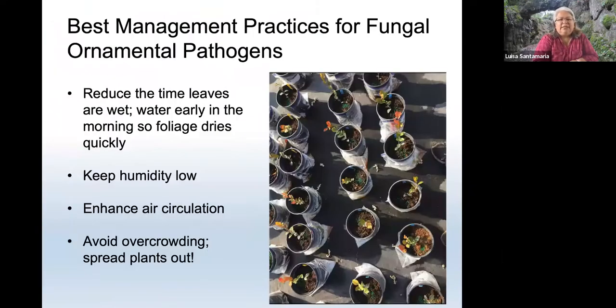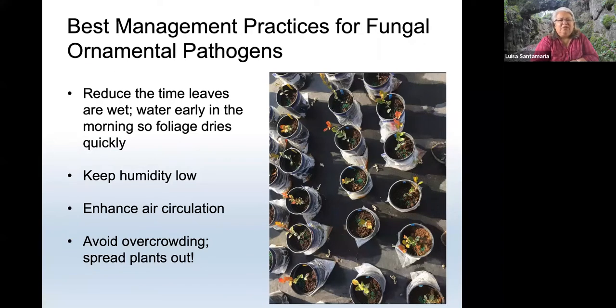All right, so just two slides next to summarize the best management practices. I know all of you know this, but the main thing for these fungal pathogens and most pathogens is to reduce leaf wetness. If we have to, we do early irrigation so the foliage dries quickly.